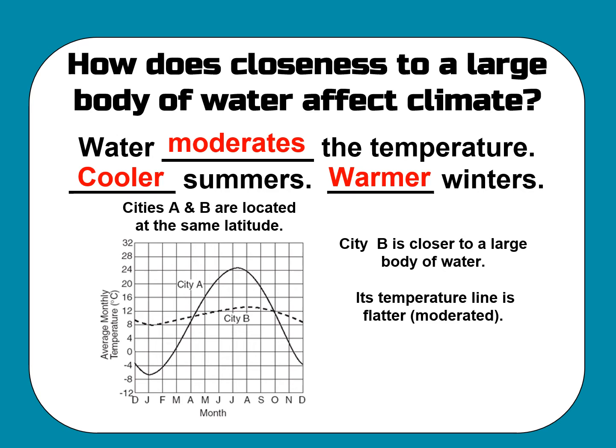It's a flatter line. You're going to have a little bit cooler temperatures in the summer and a little bit warmer temperatures in the winter. That doesn't mean you're going to have a warm winter. But instead of being 30 degrees, your winters might be 45 degrees. It's just going to make it a little bit nicer to be there.